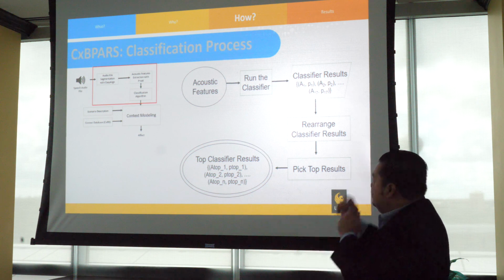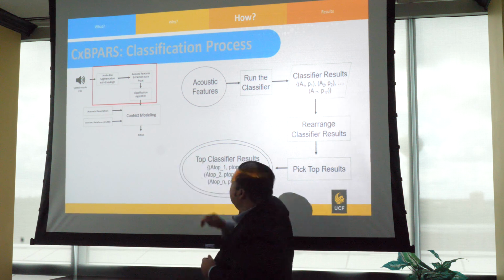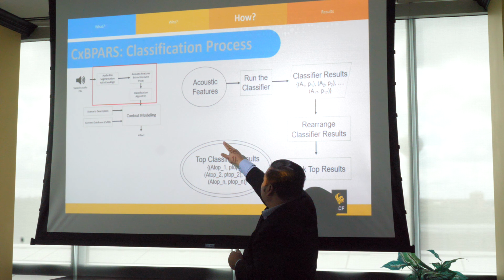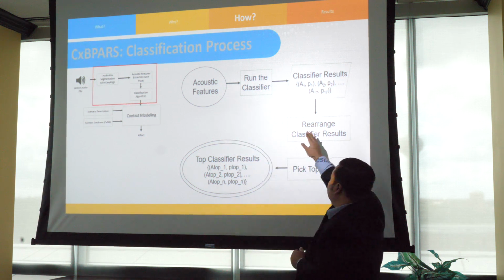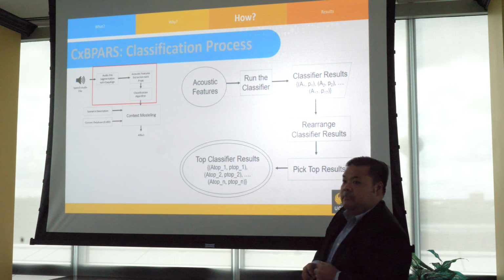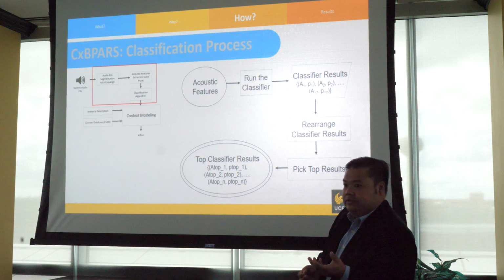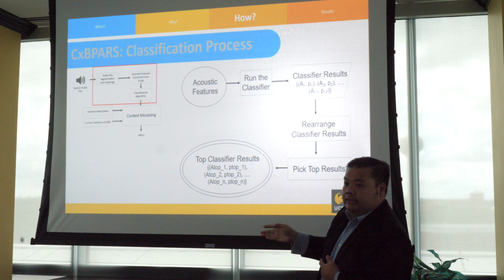So, this is the first section over there, enclosed in the rectangle. So we extract the acoustic features and the classifiers, and the classifier will produce the affect as well as the probability of what kind of emotion that file is. So basically, the probability ranges from 0 to 1.